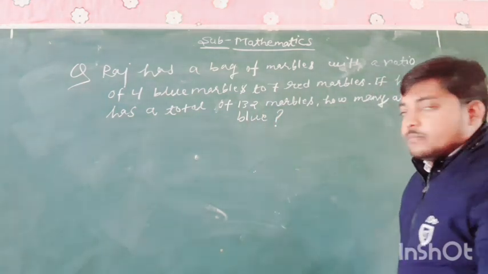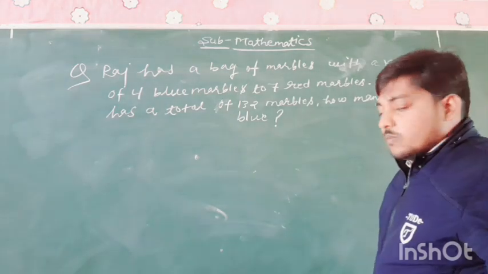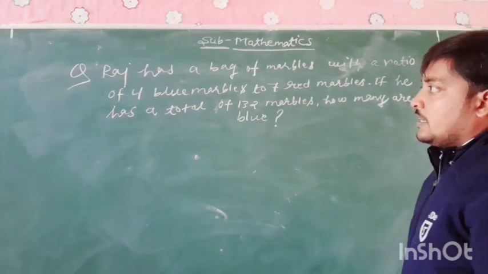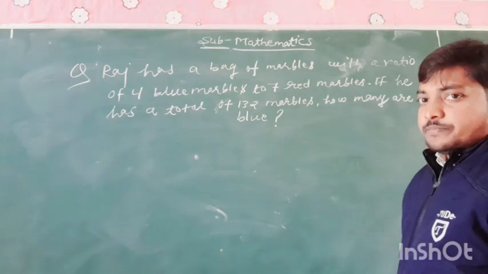In this problem, the ratio of the blue marbles to red marbles is 4:7.